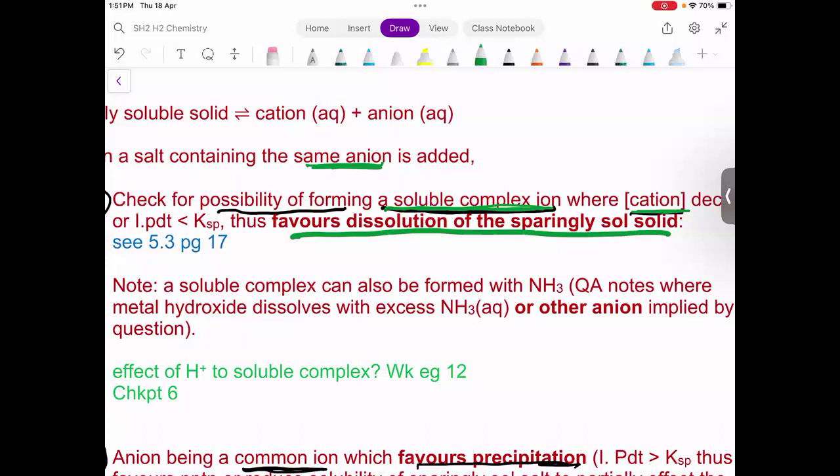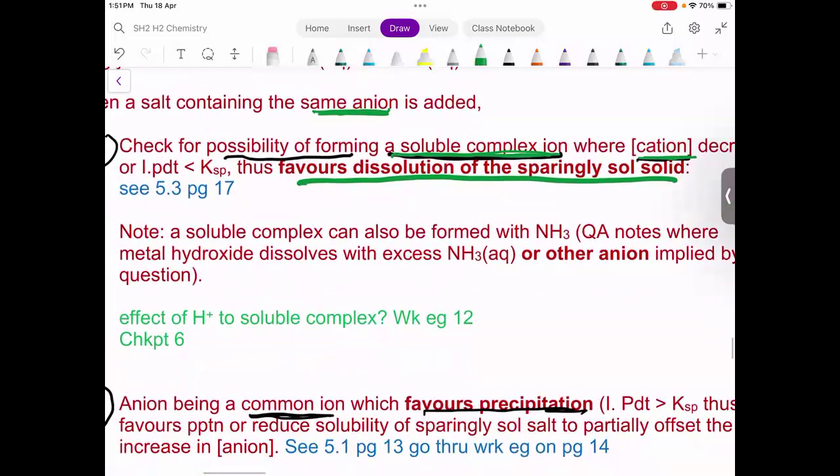So there's this clause over here. A soluble complex can also be formed with aqueous ammonia. This is also a metal hydroxide being sparingly soluble, but with excess ammonia, it can form a soluble complex that enhances the solubility.